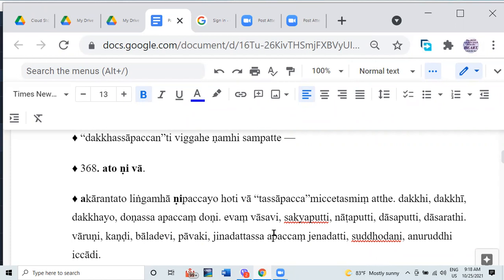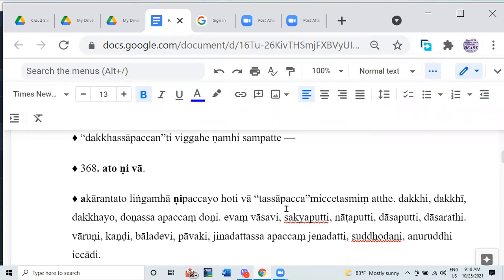Daki, Doni, Vasavi, Sajabodhi, Nadabodhi, Dasabodhi have no Odi at the beginning. Kani and Pāḷi also have no Odi. Jenadadi, these words have Odi at the beginning.